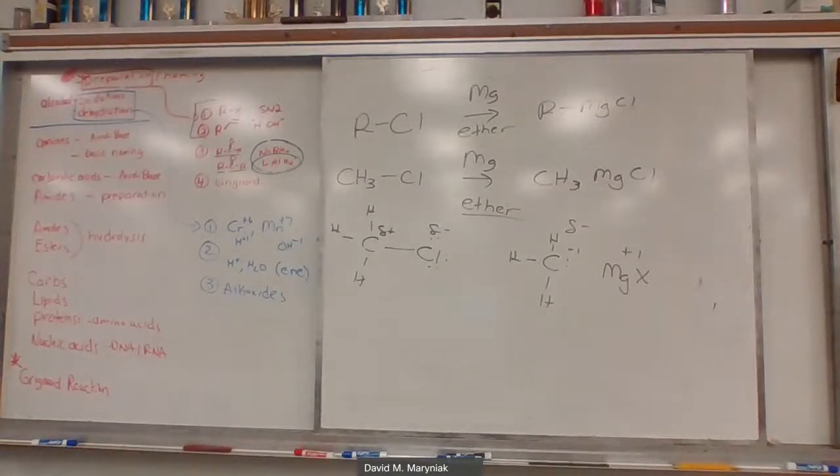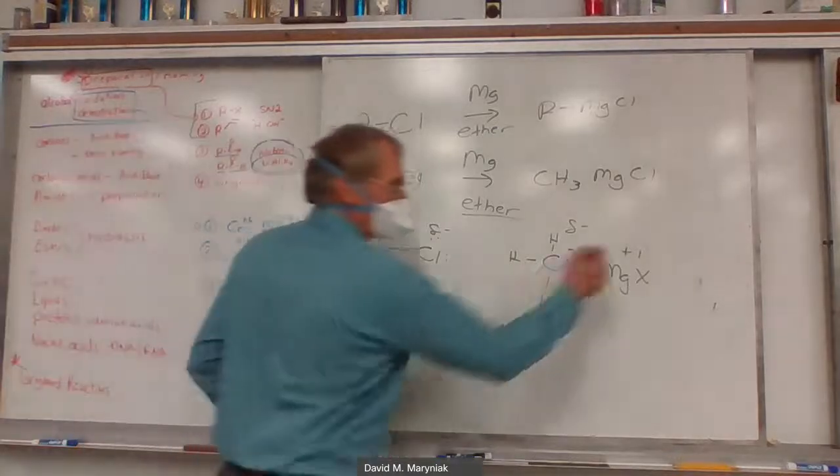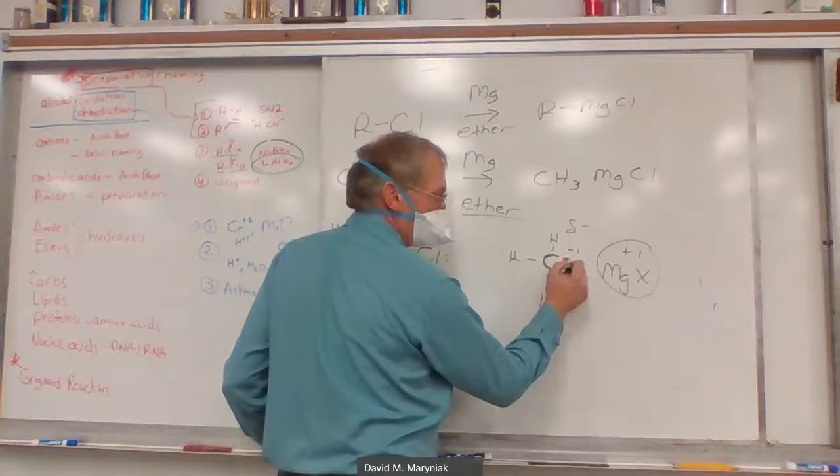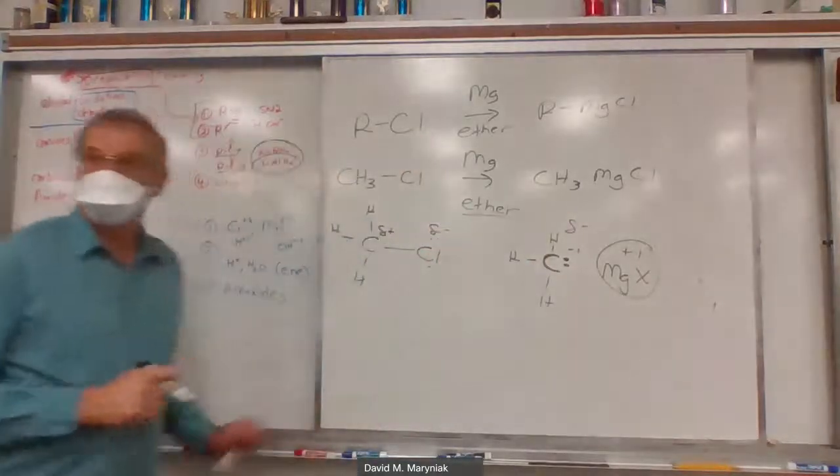But for purposes of using it synthetically and understanding it, it's fine if you think of it as a methyl anion. So by inserting the electropositive magnesium, you get a carbon which has a significant negative character.